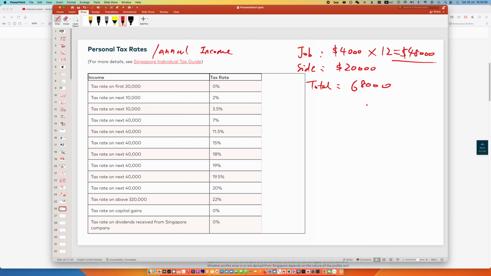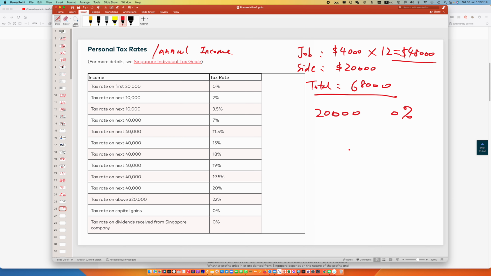68k, right? So with the total income of 68k, let's calculate the tax this person needs to pay in Singapore. What you need to do here is split the 68k into all these slabs. The first 20k is 0%.